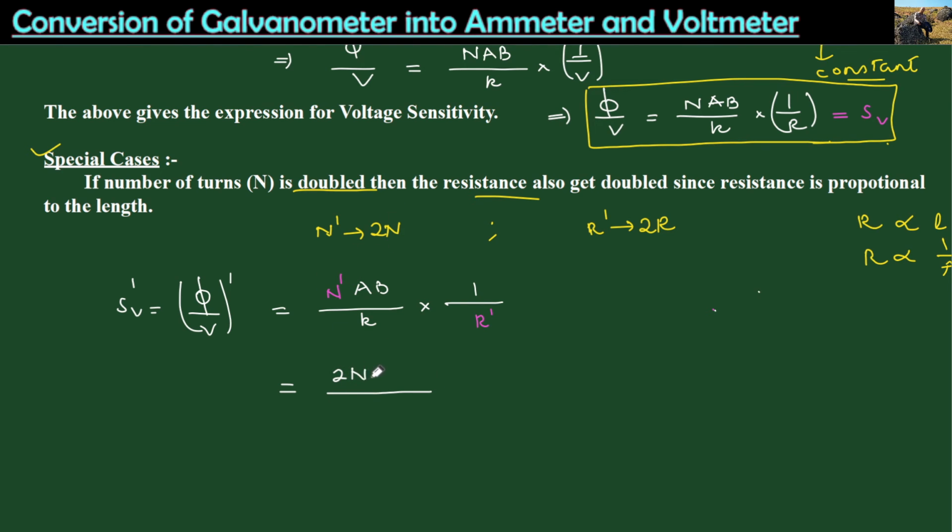So you put over here twice N, and over here this will be N, A, and B, and over here this will be K. But what is this R dash?